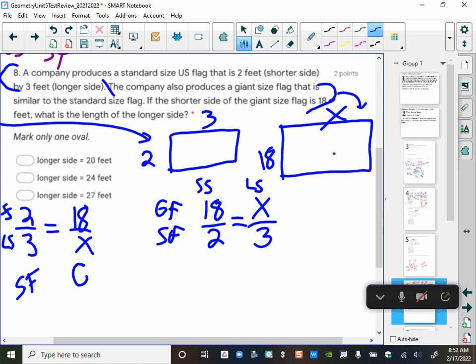Small flag, giant flag, or standard flag, giant flag. So again, good job getting those setups. You'll get the same value of X both ways. So I want you all to try it.